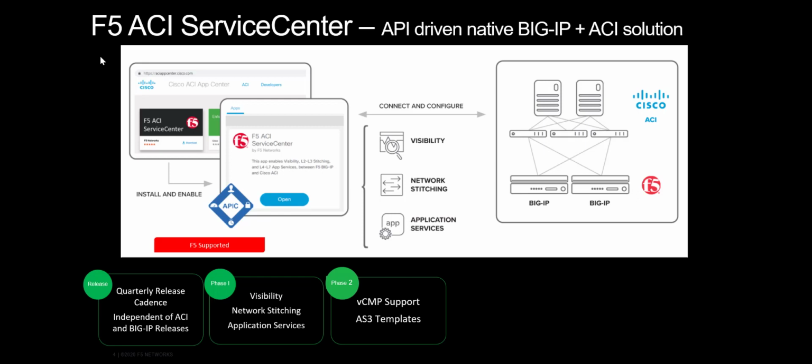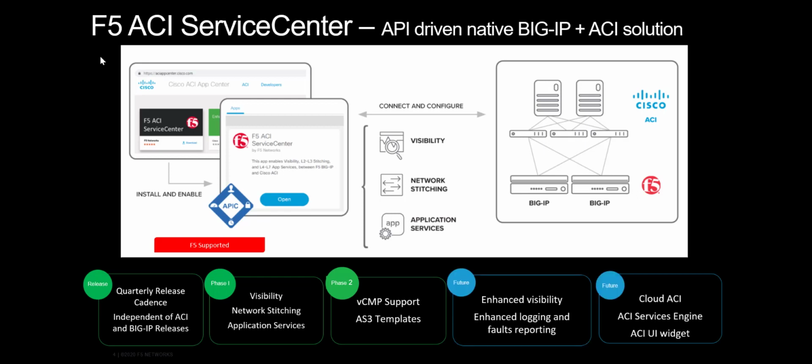In phase 2, that was extended to vCMP support. And on the application services side, we introduced AS3 templates, which can now be used to deploy the application on BIG-IP.